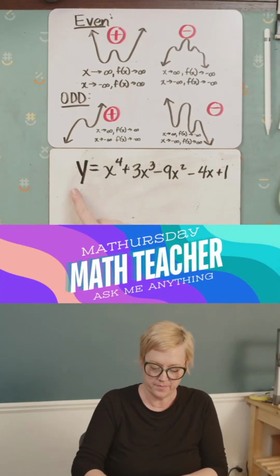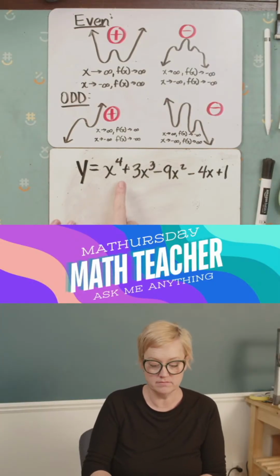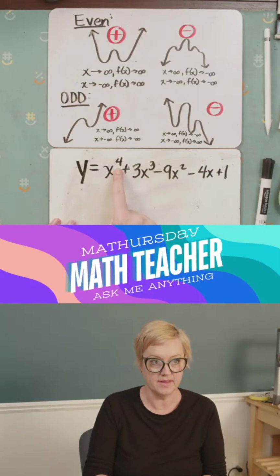Okay, so the degree in this polynomial is 4. That's even. Okay, 4 is an even number.